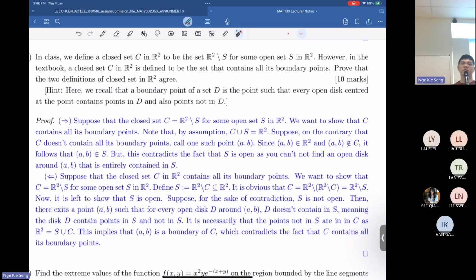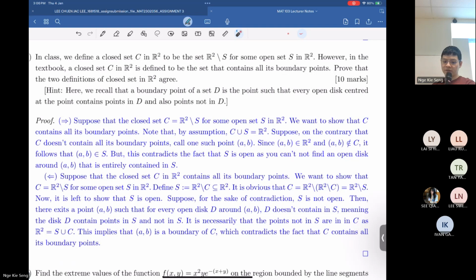But I have a contradiction here. Why? Because this is a boundary point of C. Boundary point of C means what? Every disc you take around it must contain points in C and not in C. So meaning what?